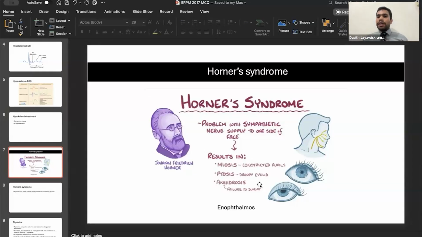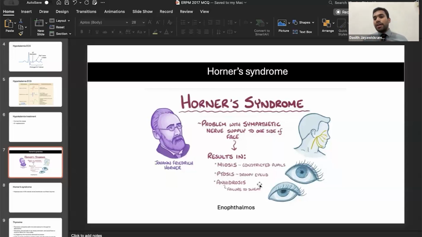And then anhydrosis. When you get excited, you sweat a lot, because that is a metabolic response in our body. Imagine if on my right side there's no sympathetic activity, then I have ipsilateral anhydrosis; that side will not have any sweating. So the other side will be wet while this side will be dry.